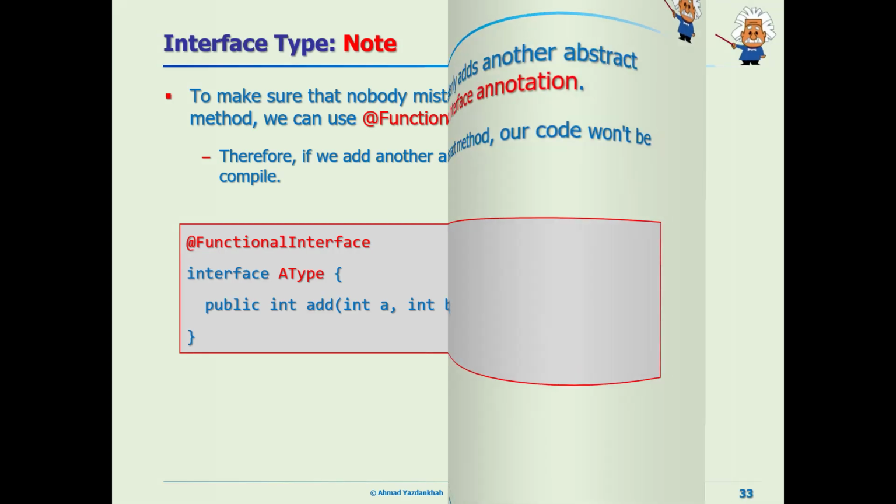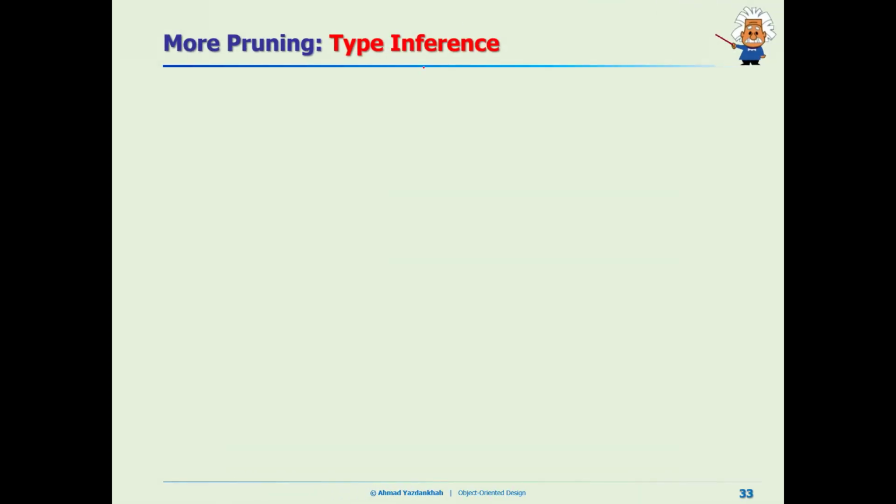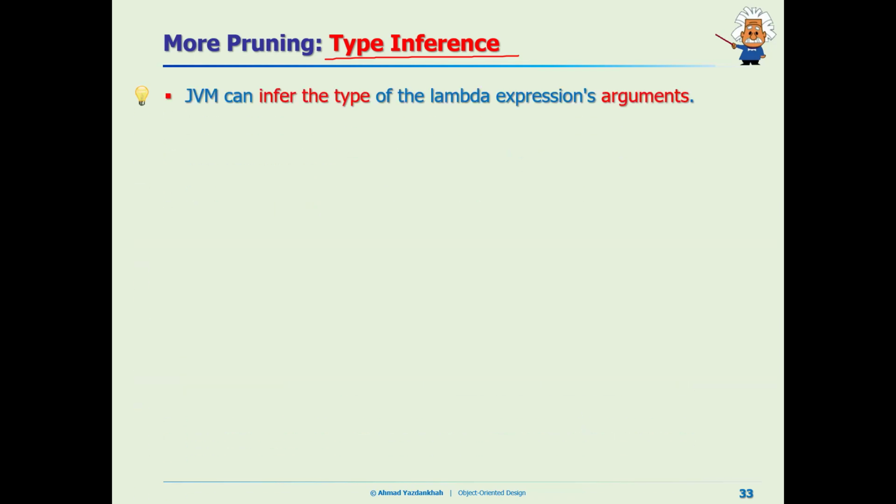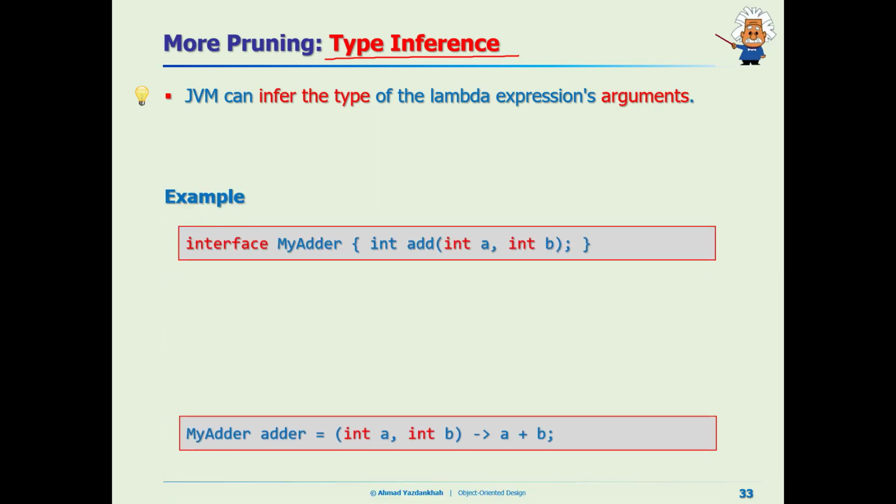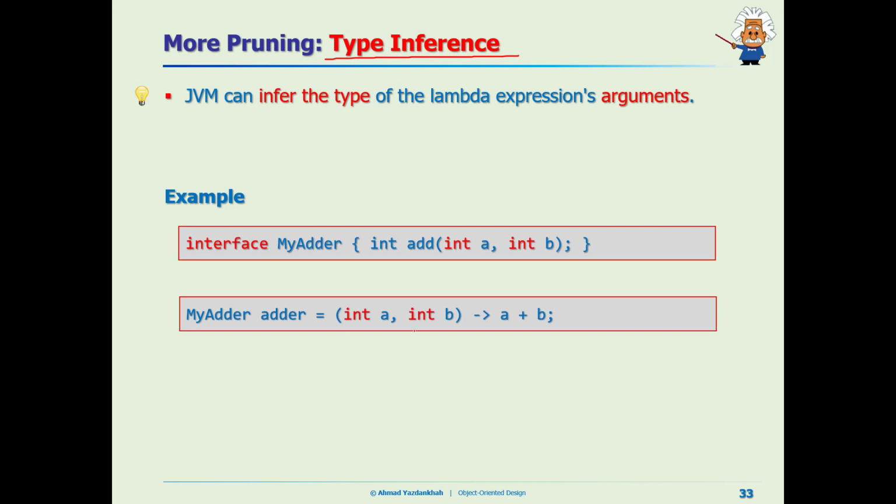All right. The next thing that we want to talk about is type inference. What does it mean? It means that the JVM is smart enough to figure out the types. So we don't even need to put the type of the arguments of the lambda expressions. What does it mean? Look at this.